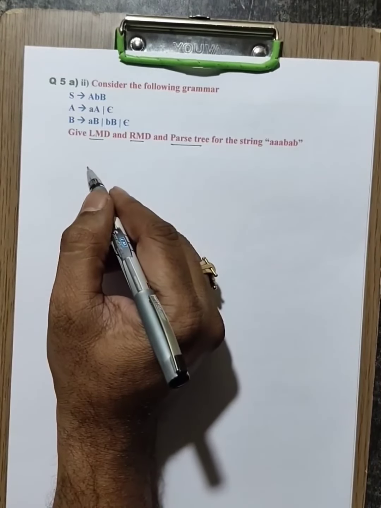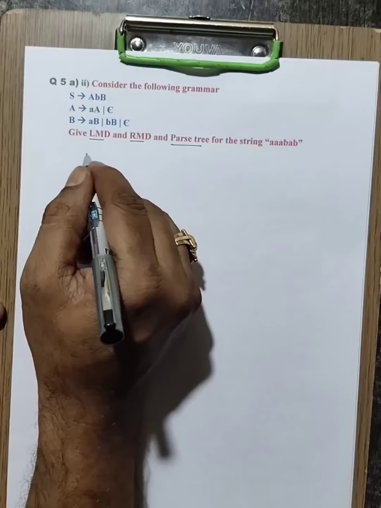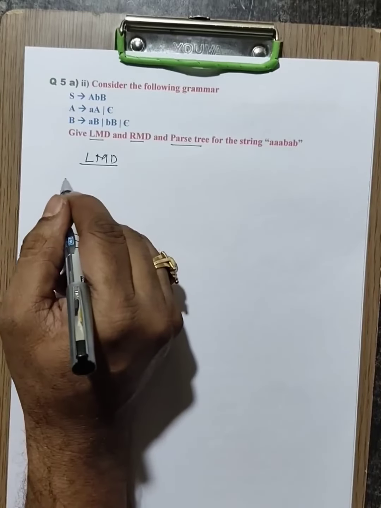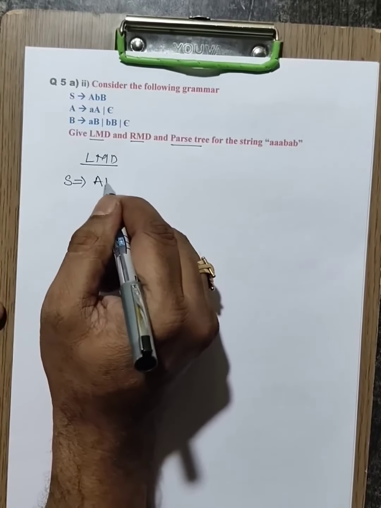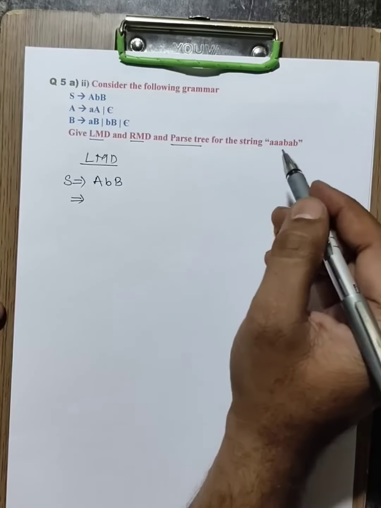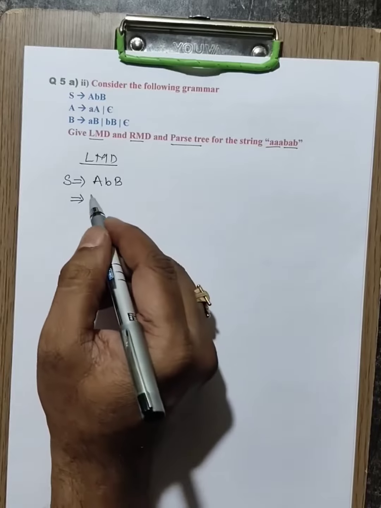ऐसे क्या करना है, LMD, RMD and parse tree draw करना है. In LMD, replace variable from left side. LMD: S is the starting symbol, S produce A B B. हमको क्या जनरेट करना है, 3A, then BAB, 3A.